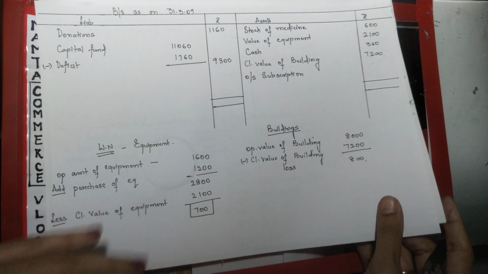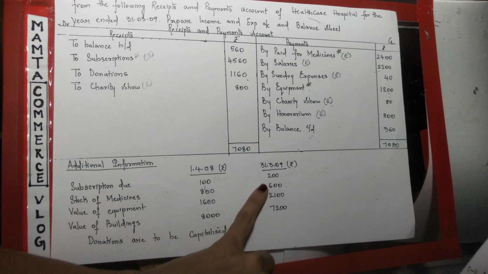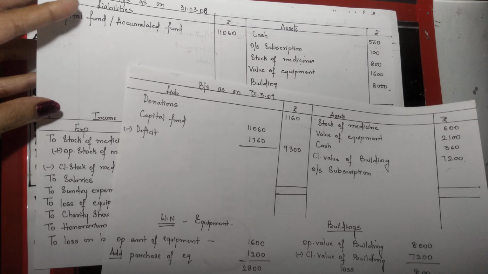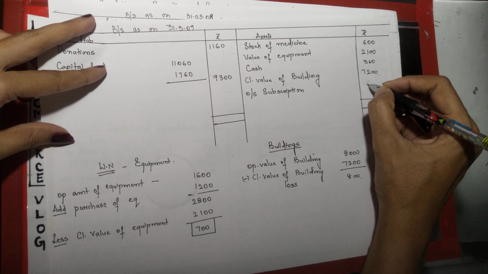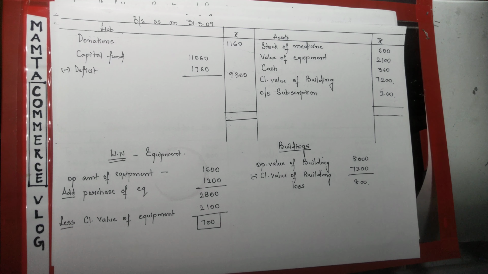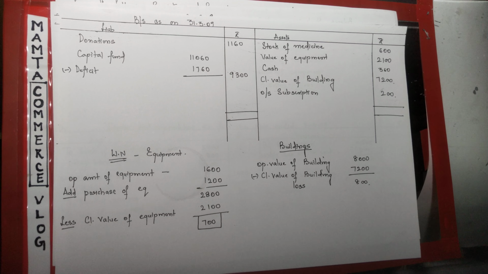The amount of outstanding subscription at the end is 200. So here I will write 200. So we have covered all the points: stock of medicine, cash, building, outstanding subscription. So now let us see.